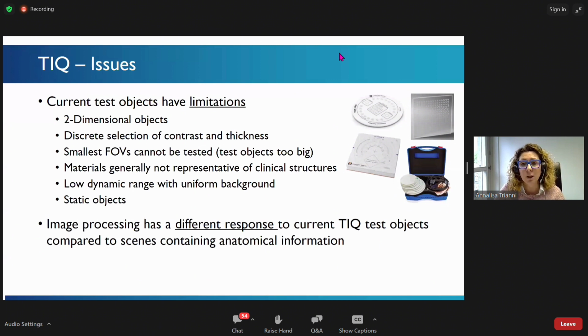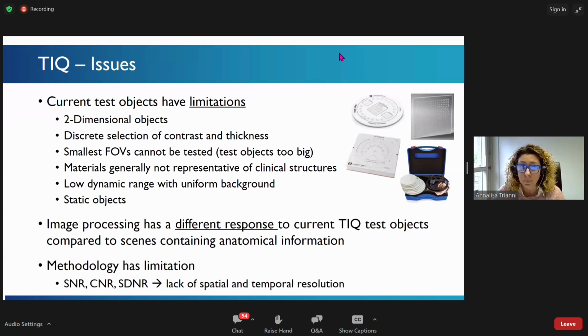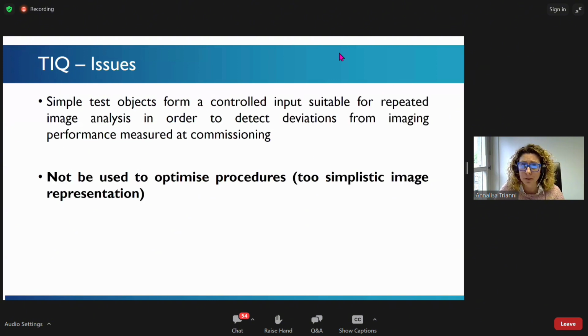And also the methodology has its own limitations because there's a lack of spatial and temporal resolution, and we are supposed to test dynamic images. These are good because they can give us a control input suitable for repeated image analysis, but definitely they cannot be used to optimize procedures.